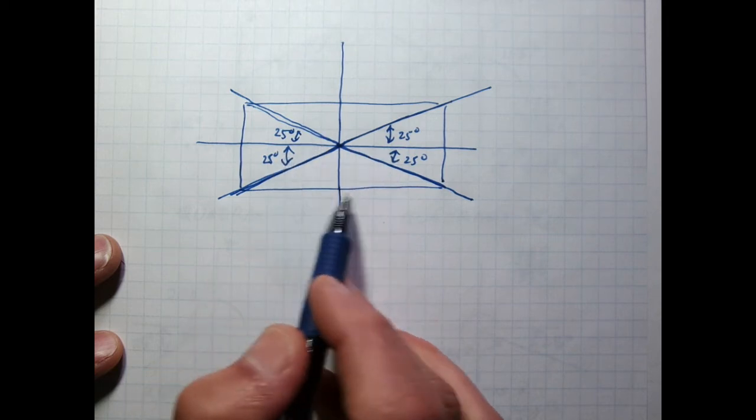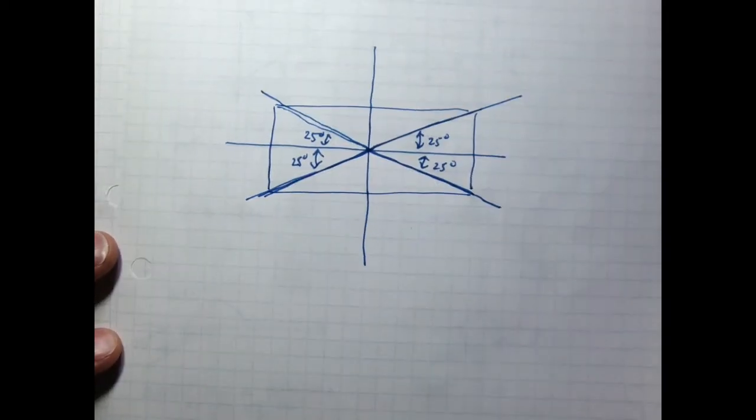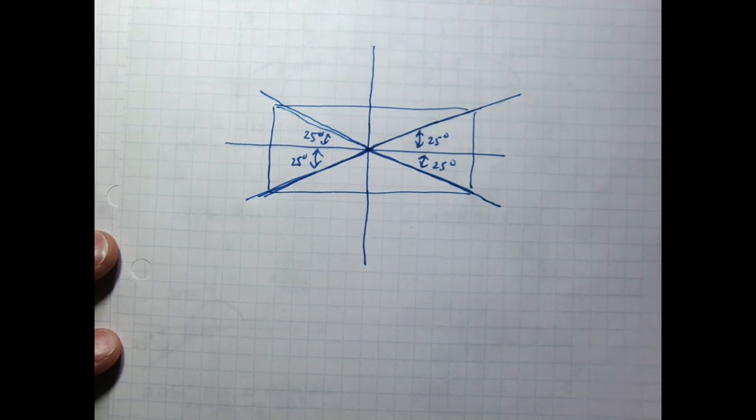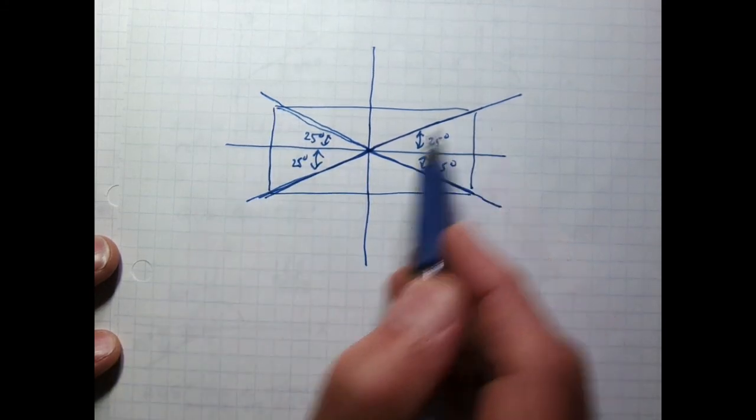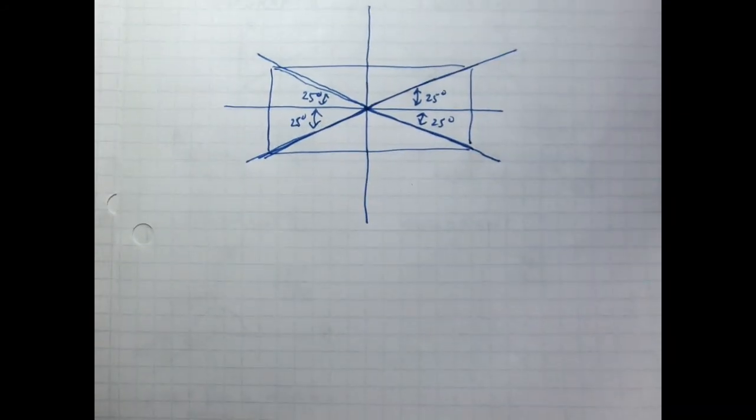There are 4 possible terminal sides of angles that would have 25 degrees as a reference angle, and they're kind of related in this way, right? They form this X around a rectangle. So we'll never look at 4 at the same time, but I think that symmetry is kind of helpful to think about.